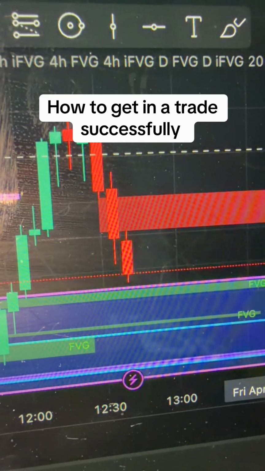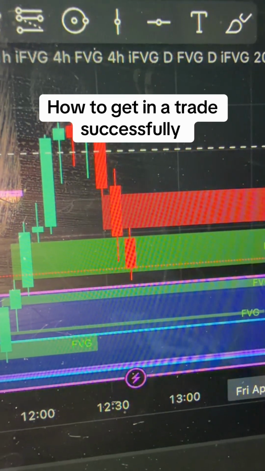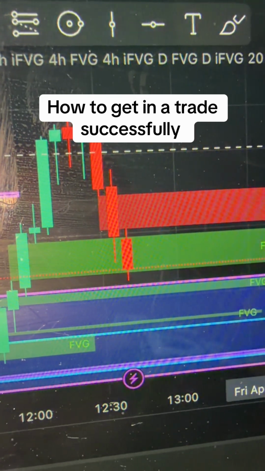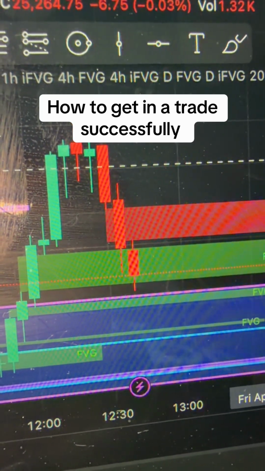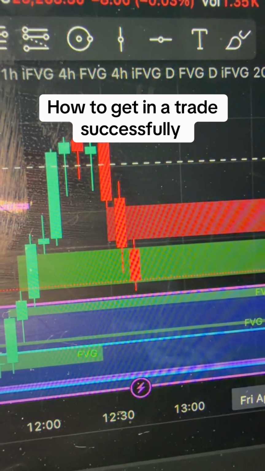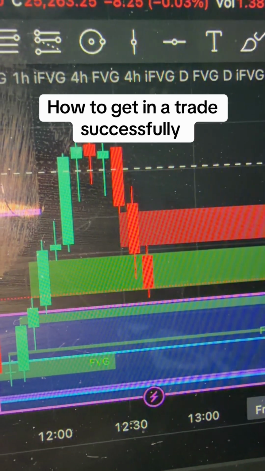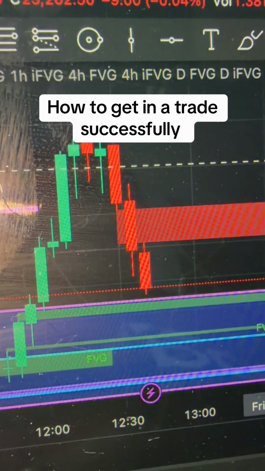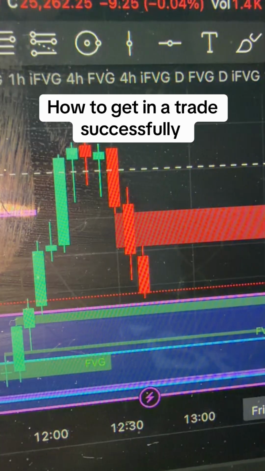But we are going to be patient and we're not going to jump the gun and say, oh, it's moving in that direction, so maybe I should. Let me tell you something. I've seen some reversals, and you don't know where they're going to hit. So what you want to do is make sure that it is a very strong possibility, not just a possibility, when you want to get into a trade.